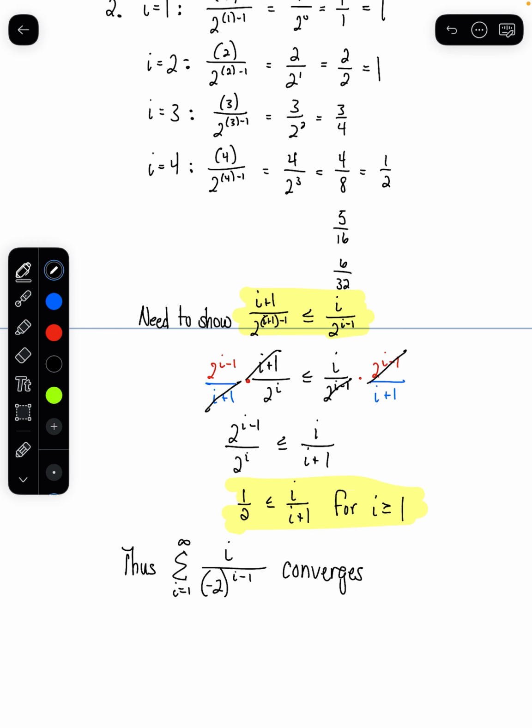Now, we've seen two examples of alternating series that converge. Does that mean that all of them will? Not necessarily. There are, of course, alternating series that will not converge.